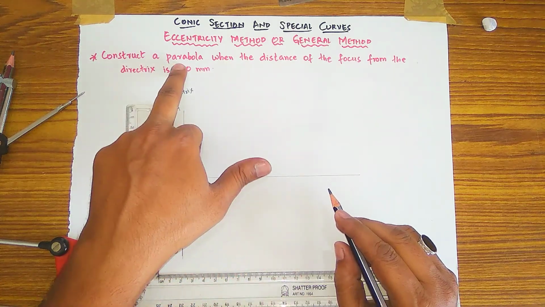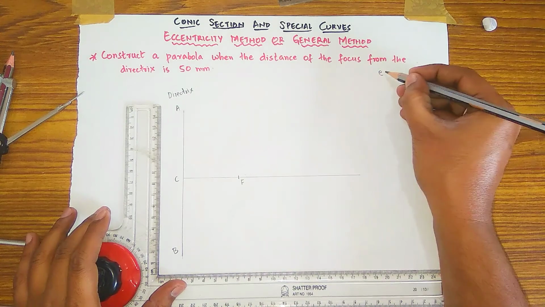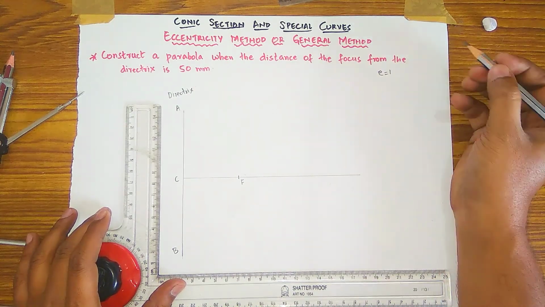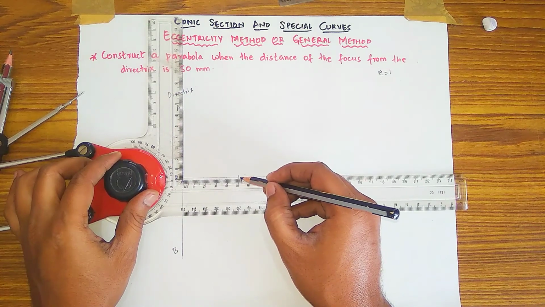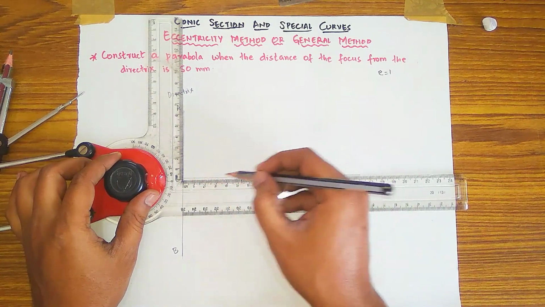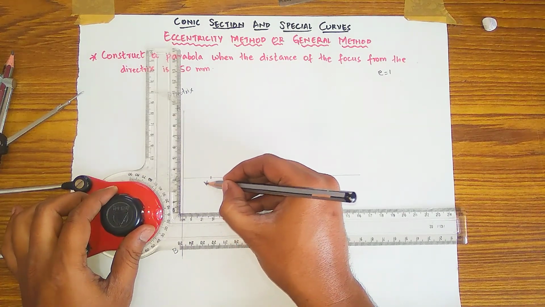In the parabola, the question doesn't give you the eccentricity, because for the parabola e is equal to 1. You have to take half of this, meaning 5 centimeters, half is 2.5, and there you mark the vertex.